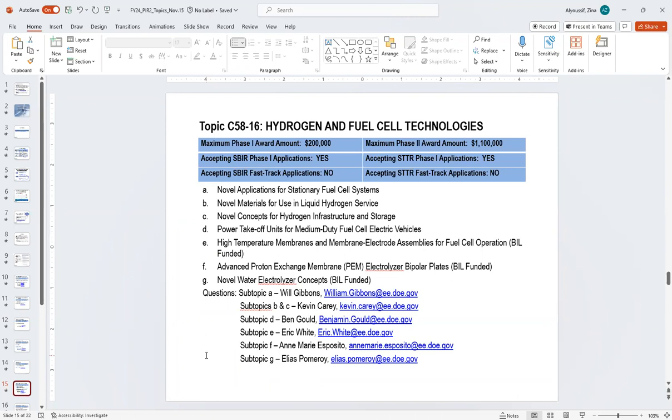So this is a stationary topic, meaning we're looking to take what can sometimes be installed in transportation type systems and move them to a stationary application. The power level and the format is open.